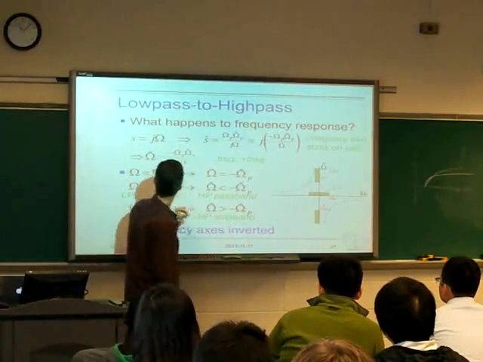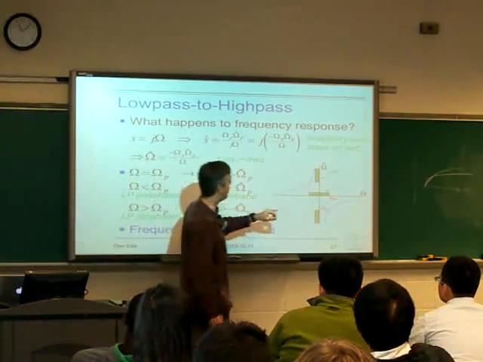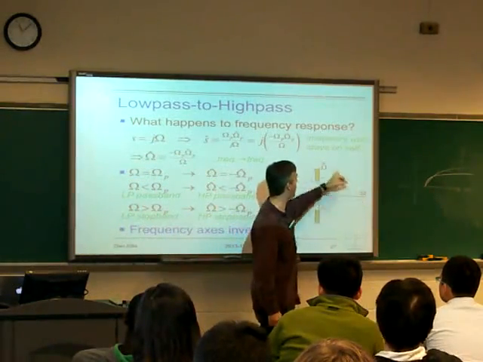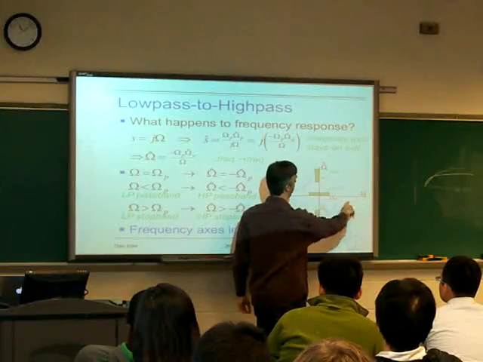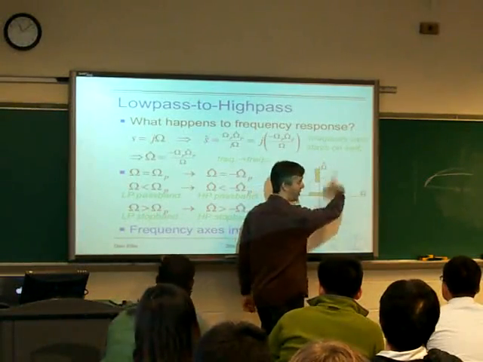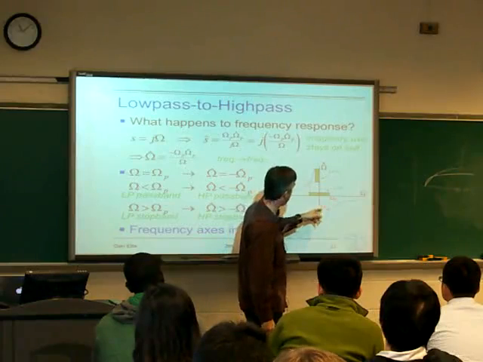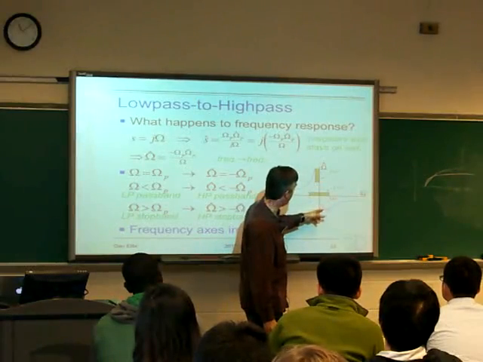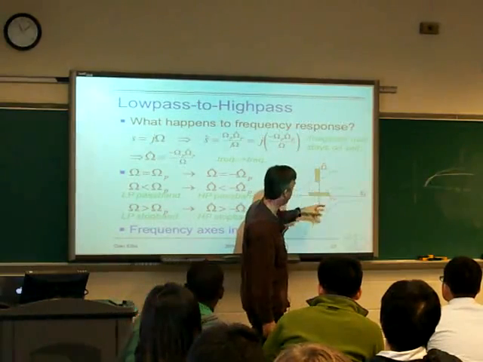Basically, if we have this relationship that omega hat equals minus k divided by omega, then we can make a plot here of omega hat as a function of omega, and so it's minus 1 over omega times some constant, which looks like this, right? It's just this 1 over x function flipped and then scaled. And here's omega p, which maps to minus omega hat p, and minus omega p maps to omega hat p.